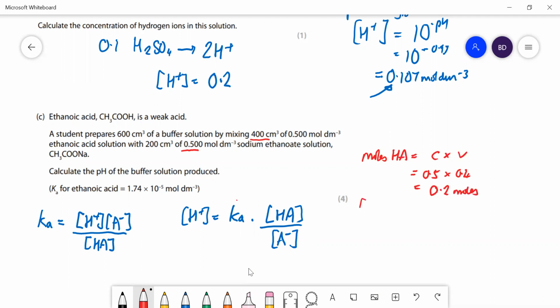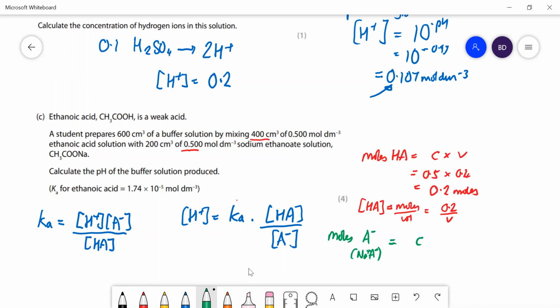Now the final concentration of HA is equal to moles over the volume. I'm not going to bother working out the total volume, I'm just going to call it V, and we'll see it cancels out. So that's 0.2 over V. Now let's do the moles of A minus, the sodium salt.